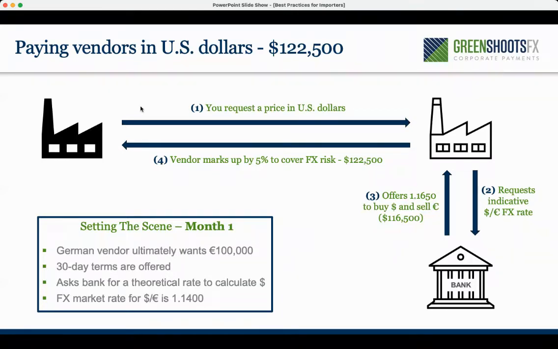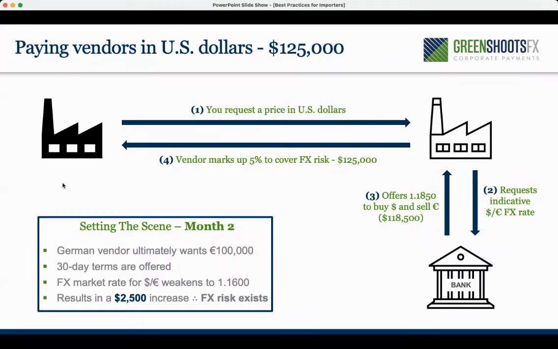On the second month, you are asking again for a pallet of widgets. And again, the German vendor wishes to achieve a sale price of 100,000 euros. So again, you're asking for a price in US dollars.